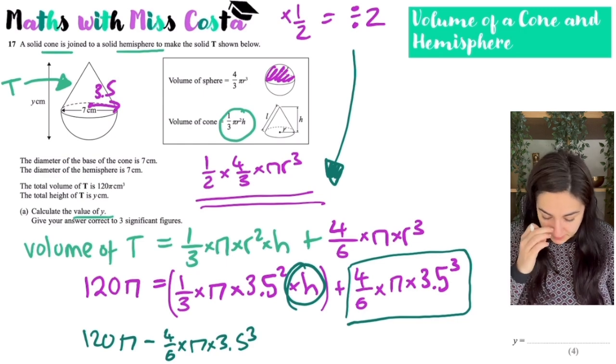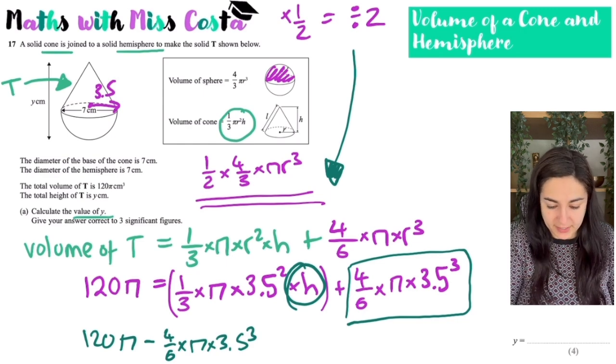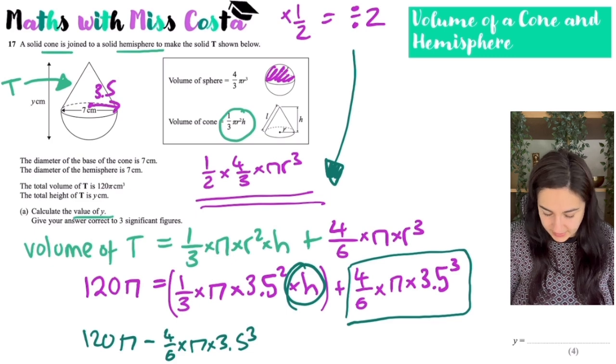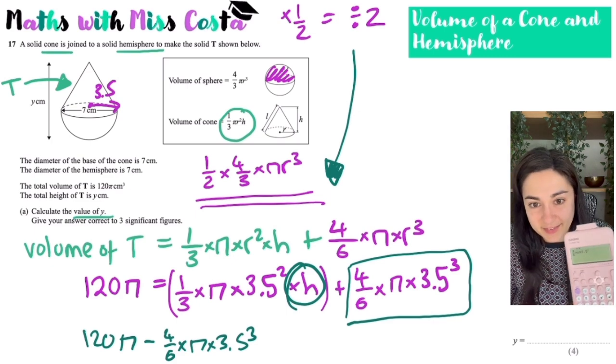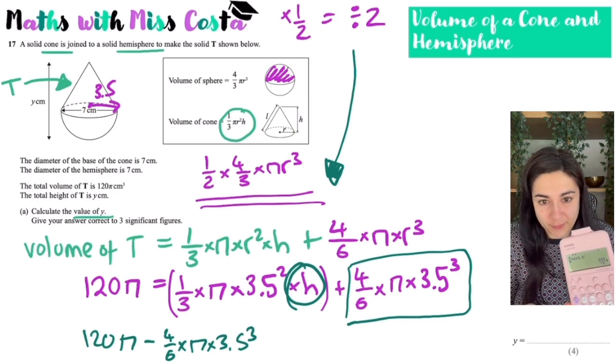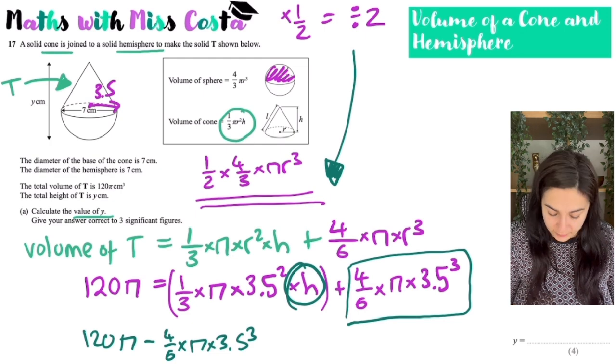So I'm going to do that bit by bit. So I'm going to type into my calculator 4/6 times by pi times by 3.5 cubed. I've got a new calculator, so all of the things are okay. So that's how I type it into my calculator, and then I get an answer which gives me 343 over 12 pi.